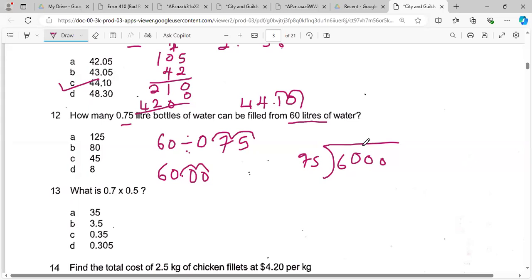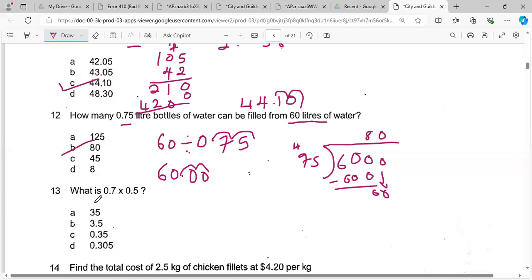So that will be 8 times. So we have to multiply the 8 by the 75 now. 8 times 5, 40. 8 times 7, 56, plus the 4, 60. So exactly 600. Subtract, we get 0. Carry down the 0. So 75 into this, 0 times. So our answer would be 80.